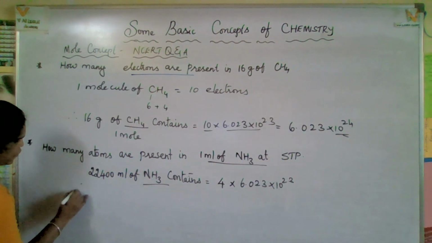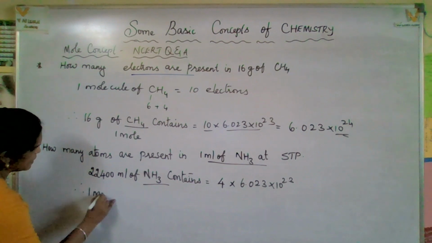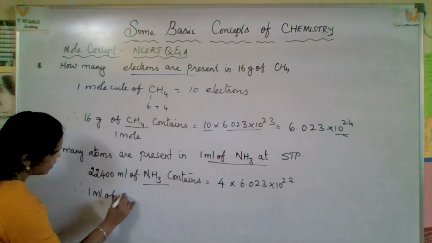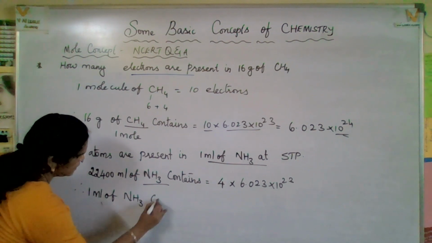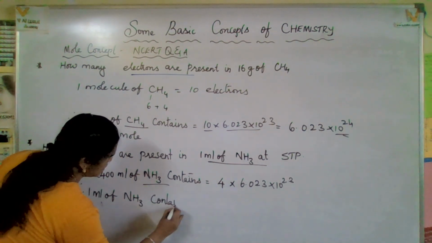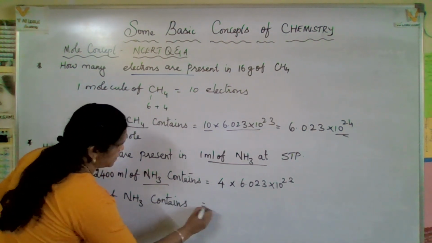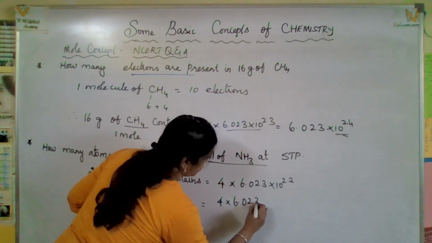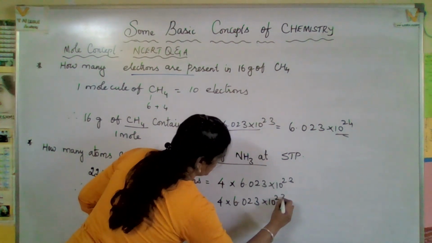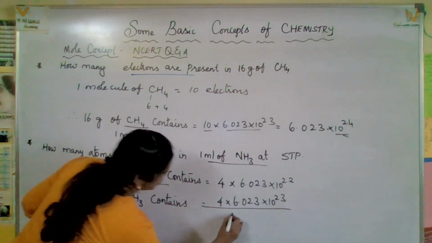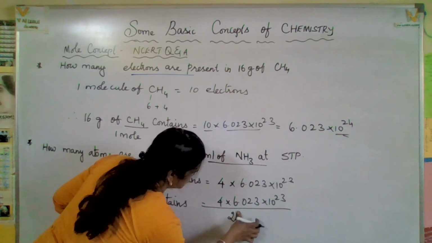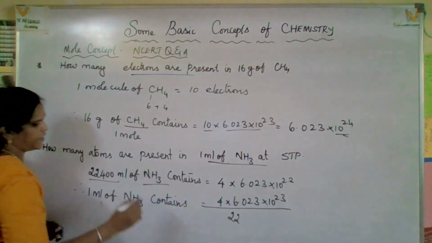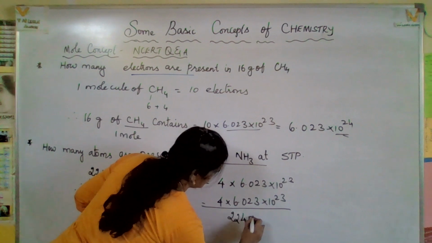Right? Therefore, 1 ml of ammonia contains, cross multiplication, 4 into 6.023 into 10 to the power of 23 divided by 22,400.